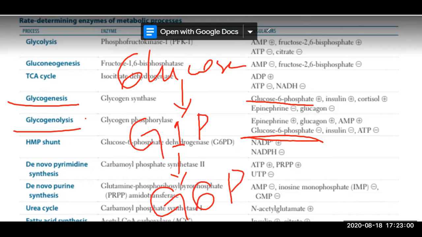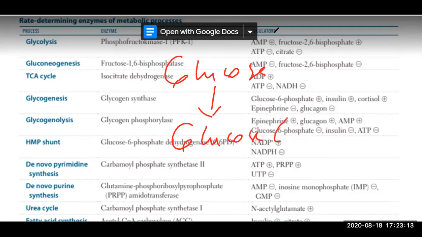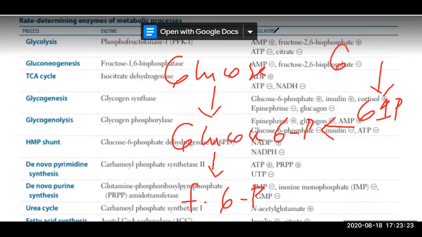This is your glycolysis. Glucose 6-phosphate, and then fructose 6-phosphate, and then glucose 1-phosphate, and then glycogen. Okay, now it is correct.